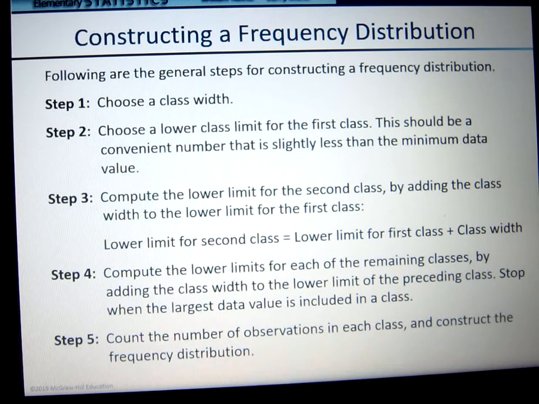Now, it is good practice to make sure you have around, and I say around, 10 bars when you're doing a histogram or even a bar graph. You don't want too many because then it looks too cluttered, and you don't want too few because then it won't give you a good picture of what you're looking at. So around 10. So you might say, well, I can't really do 10 with this, I can do 13.